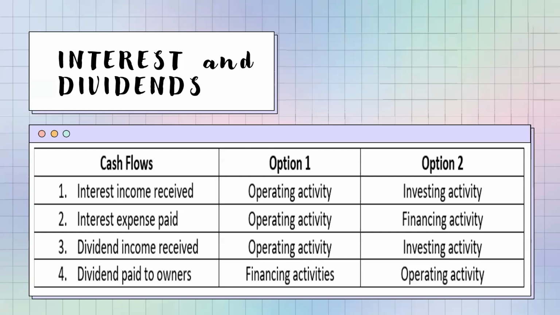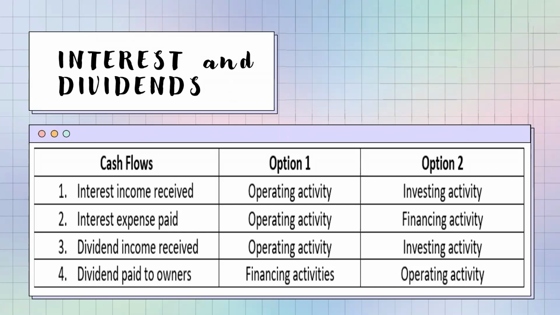And lastly, for the dividends paid to owners, for option 1, we disclose it as part of financing activities. Because in common practice, dividends paid, irrespective of types of shares, are disclosed under financing activities. Most of the dividends are under equity, right?